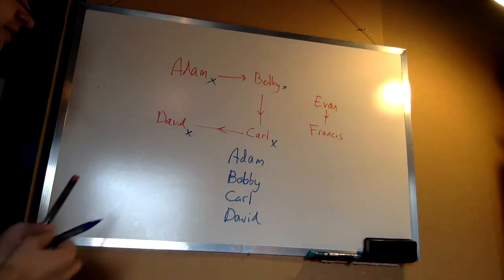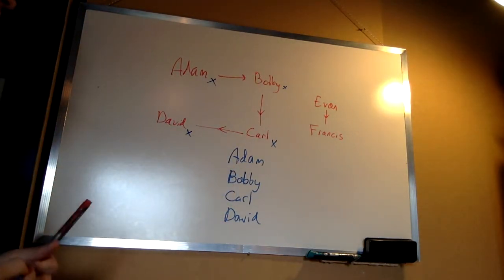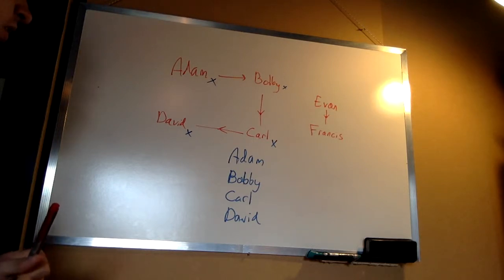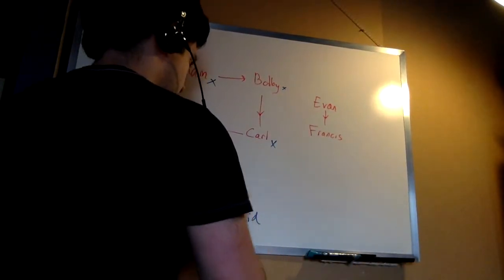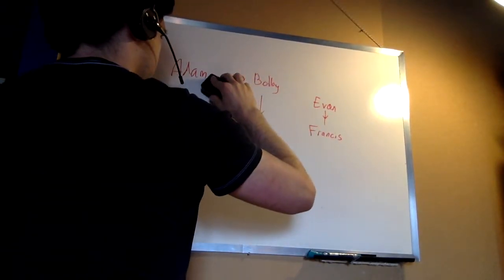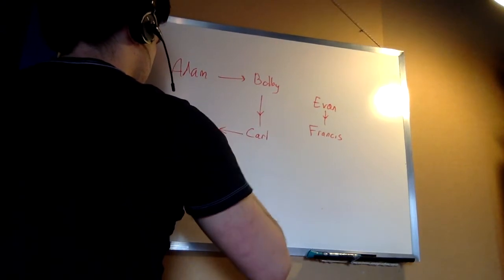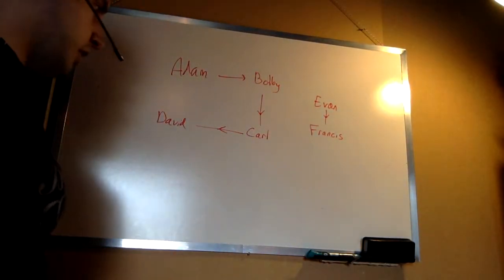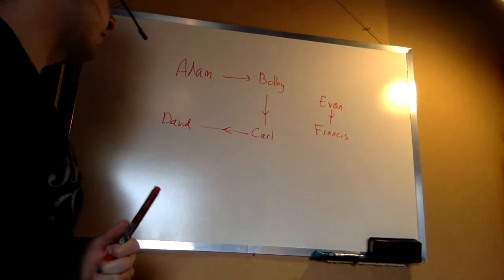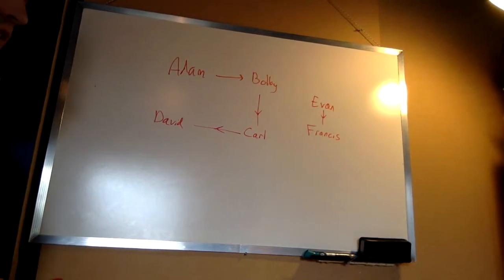So we could just continue the DFS that we just did here. Actually, you know what? Let's start it over, just to make this abundantly clear. All right, so we're going to do our topological sort of this graph again with the 2 components, with Evan, Francis, Adam, Bobby, Carl, and David.